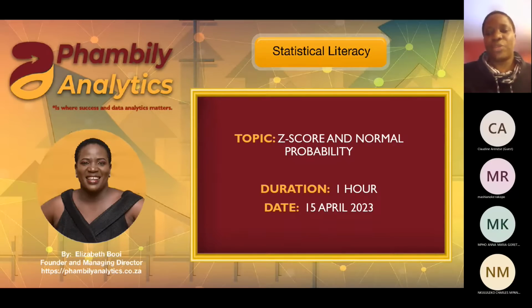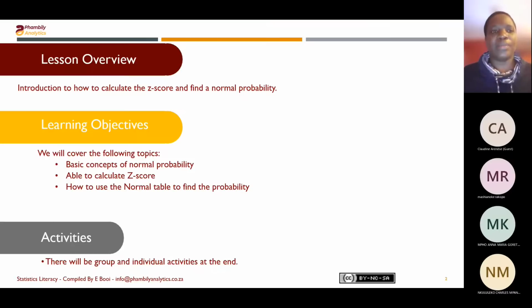Okay, but before we start with today's session, let me give you an overview of the objective of what we're going to be covering today. By the end of the session, we will cover the basic concepts of normal probability, because you need those concepts, they are also part of the building blocks towards learning other things as you go along with your module as well.